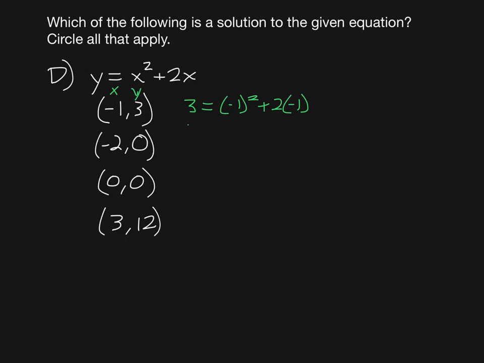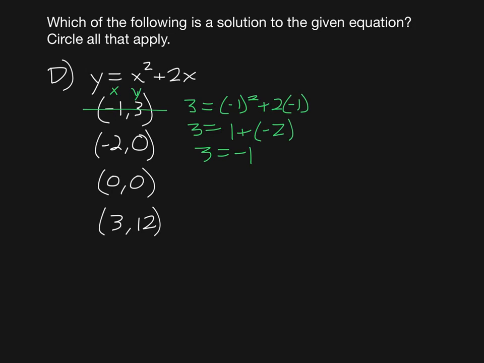So we evaluate, we have 3 equals negative 1 squared is 1, plus 2 times negative 1 is negative 2, and 1 plus negative 2 doesn't give us 3, gives us negative 1. So this is actually a false equation. So that is not a solution to the equation that we have.